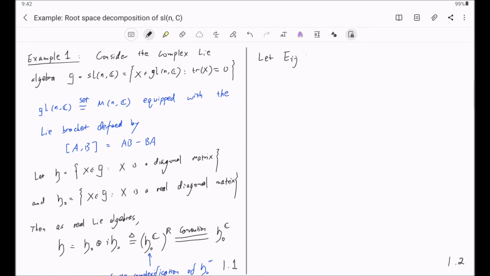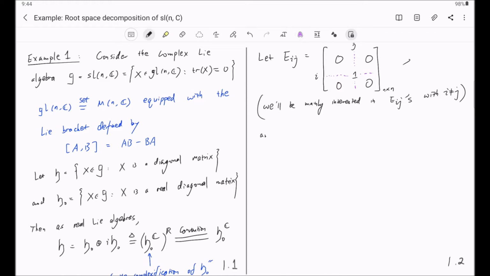Okay, now, let us continue with more notations. Let E_ij be the matrix where the ijth entry is equal to 1, where all the other entries are equal to 0. This is an n by n matrix, and henceforth we'll be mainly interested in such matrices where i is not equal to j.